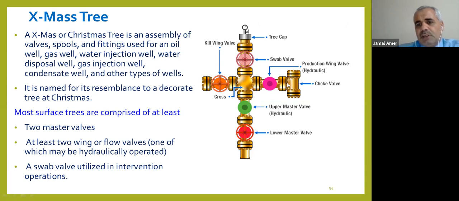if instructions come from headquarters to increase the production of the well, and if this choke is fixed, the inside of the choke, we call it the bean, needs to be replaced with another bean with a bigger diameter so the well can produce more.